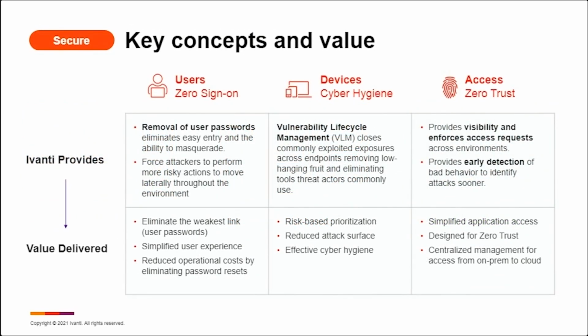So at the highest level, when we talk about user security, device security, and access security, on the user security front, there are two key aspects that we're looking to eliminate. One is to eliminate passwords. We all know that passwords continue to be the top reason for data breaches.